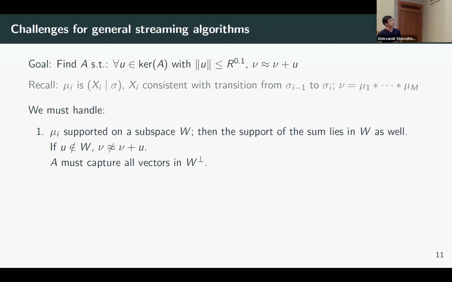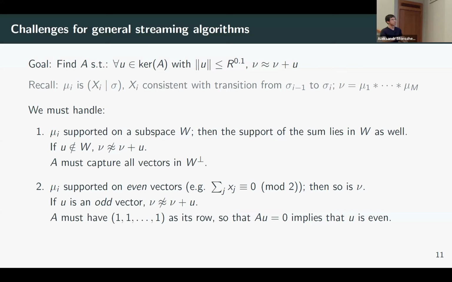So in this case, if the shift vector U is not in the same subspace, then the distribution is not shift invariant. They have even just disjoint support. What this means is that the sketching matrix A must capture everything in the orthogonal complement of the subspace, to force any vector in the kernel to be in the subspace, so that this doesn't happen.